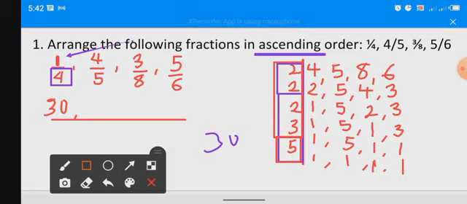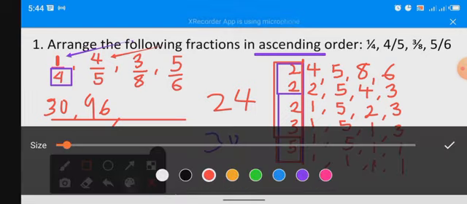Now that 24 is multiplied by this 4 here, which gives us 96.